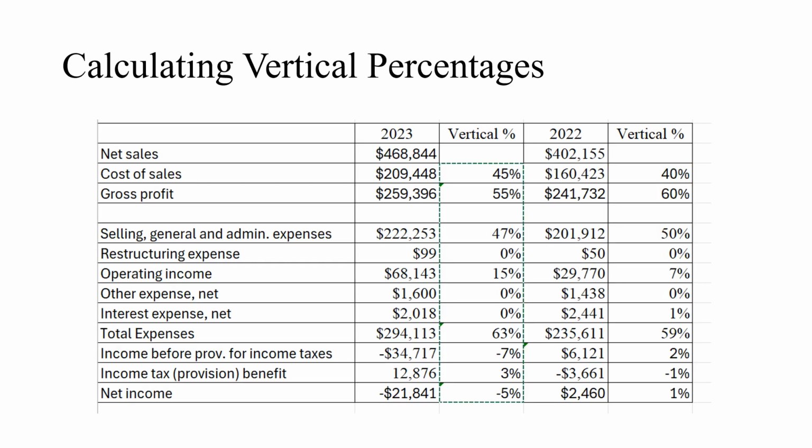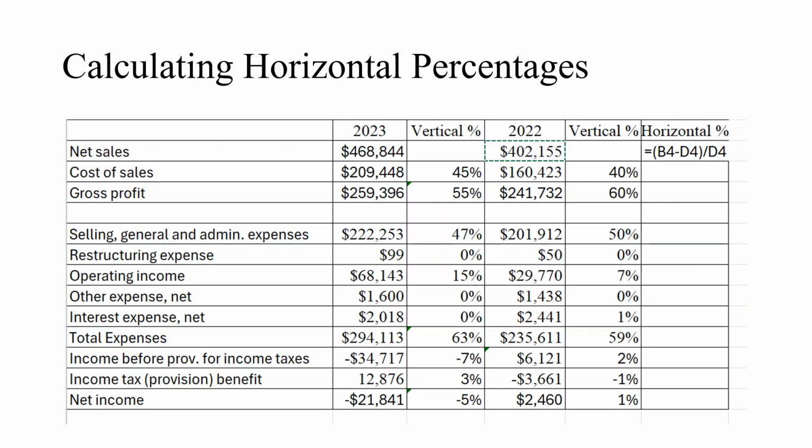Now, the neat thing about this is that Excel knows what you're trying to do, and so it adjusts the formulas for the next set of data. And so there we go, we drop this in, and then we have the vertical percentages for both 2023 and 2022, and we can accomplish that fairly quickly.